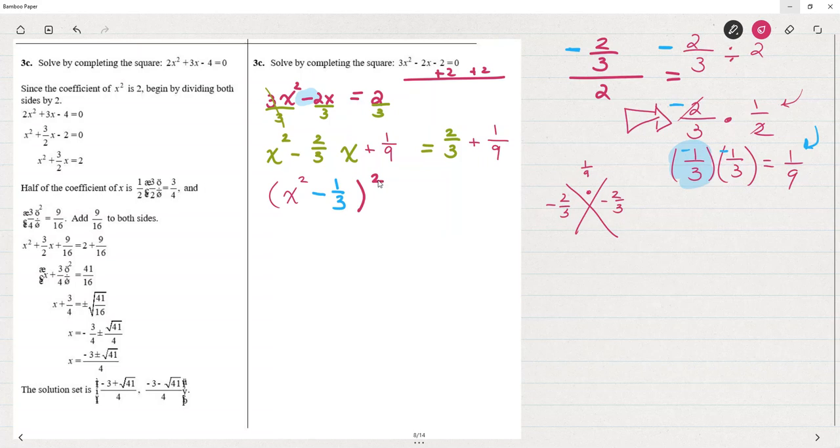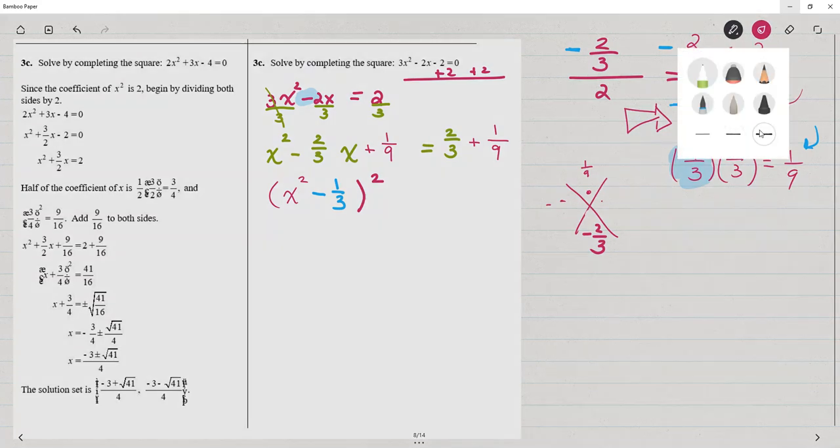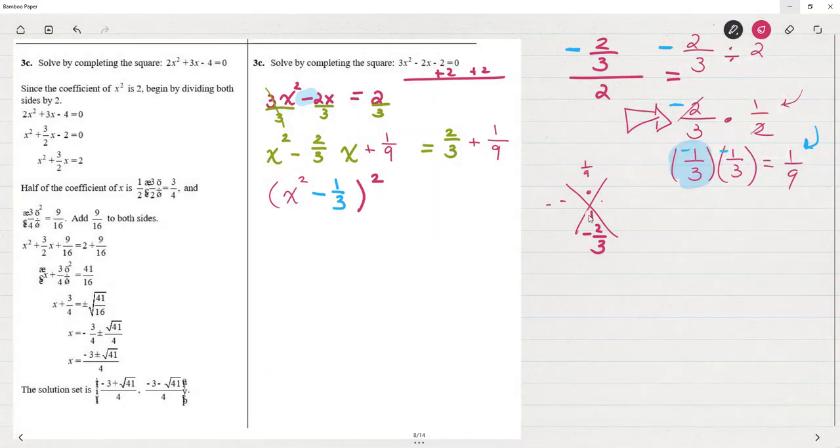The magic number that I could get to factor this, I don't know what I was writing here. I'm so sorry. I'm getting a little distracted because I said it, but then I didn't write it here this way. What we were doing when we were factoring was looking for two numbers that multiply to positive 1/9 and add to negative 2/3, right?